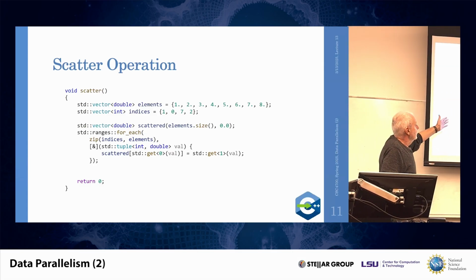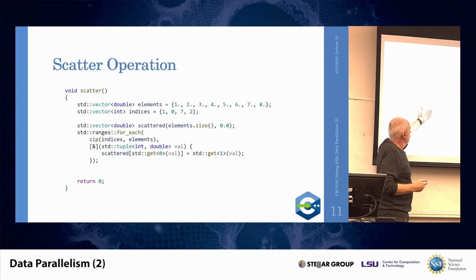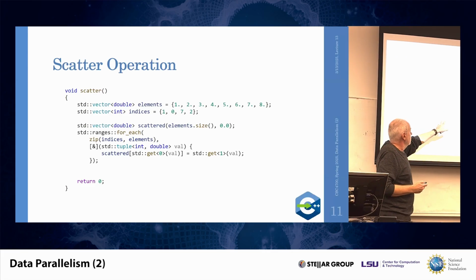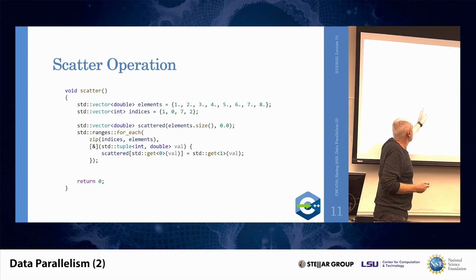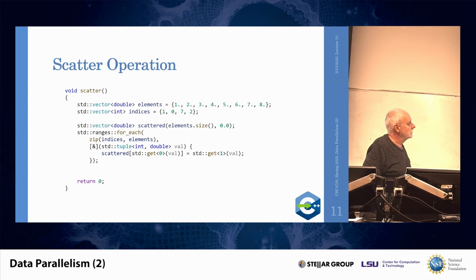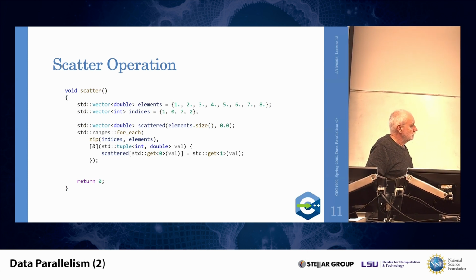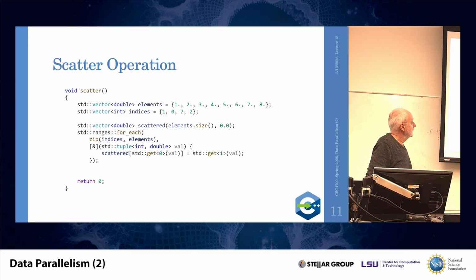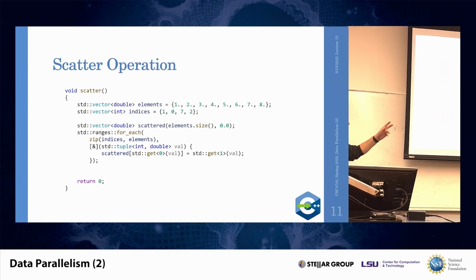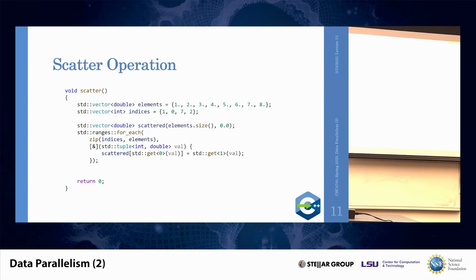And what our lambda will receive is the tuple that refers to the corresponding elements from the indices and the input sequence, which gives us an integer and a double in this case, because the indices is an integer vector, the elements is a double vector.